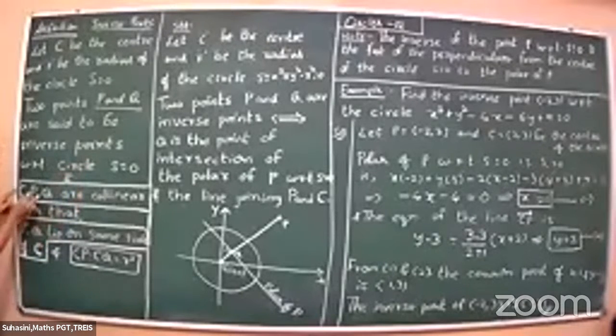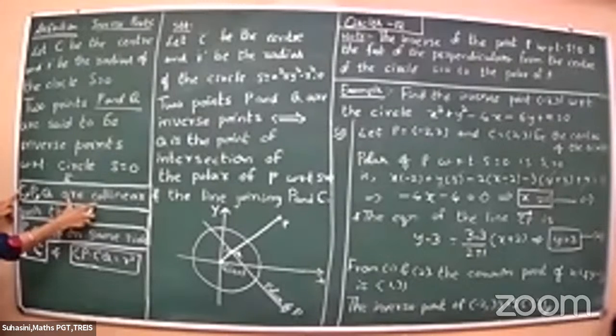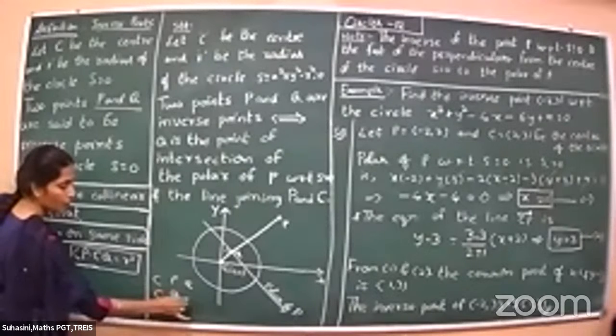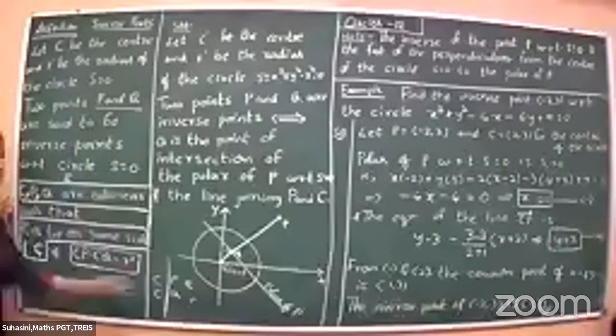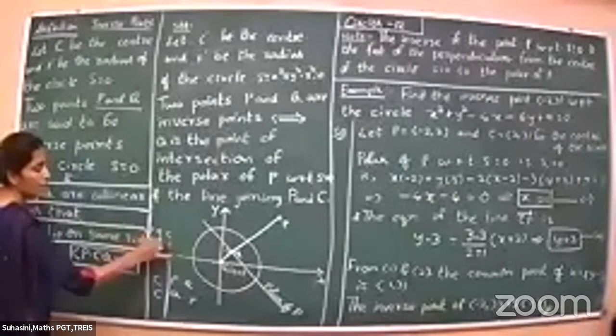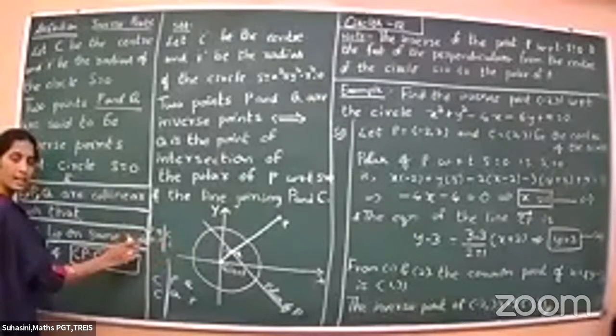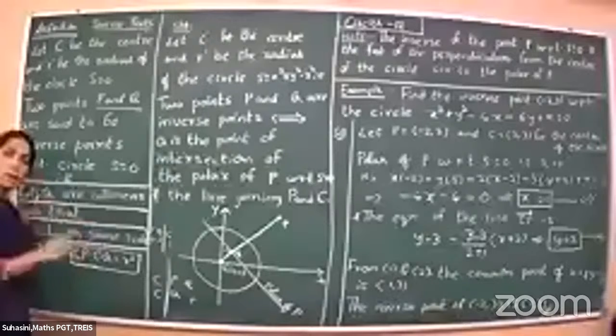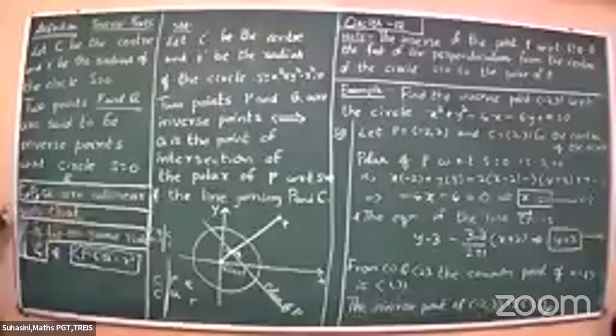P and Q must lie on the same side of C. If C is here, P and Q can be here, or Q and P. Whether they lie on the right side or left side doesn't matter, but both P and Q must lie on the same side of C.